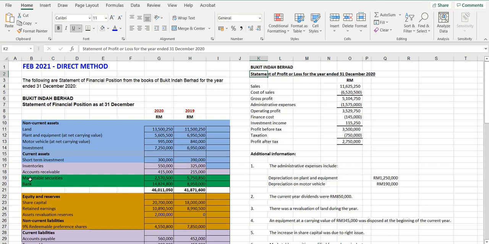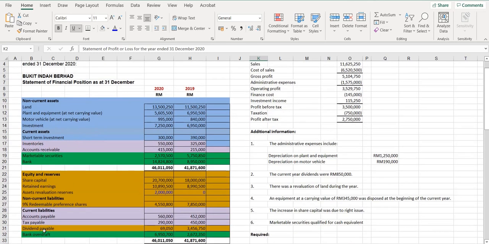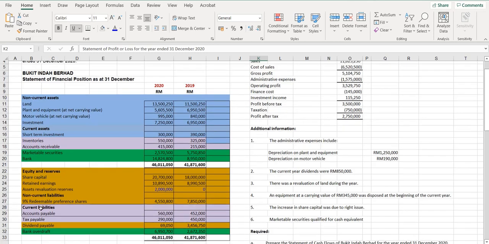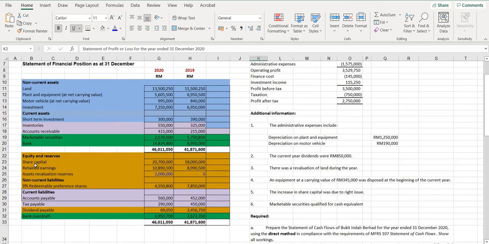For your information, I use blue to highlight the items that will fall under investing activities, light purple to classify the operating activities, and brown to color code the financing activities.